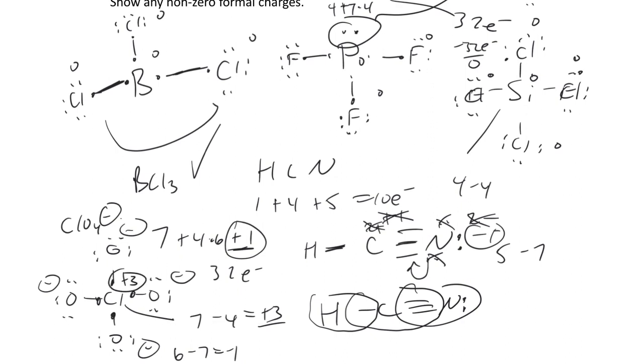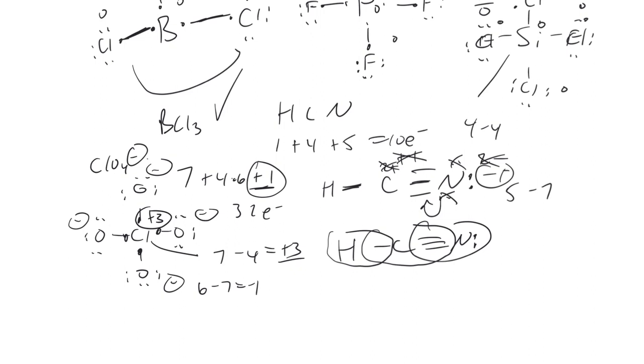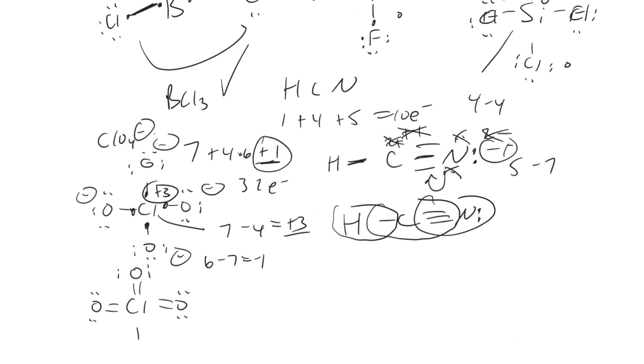Now I can do one of two things. I can either accept this as one of the possible Lewis structures because I'm satisfying the octet on chlorine. And then the only way to decrease the magnitudes of formal charge would be to make double bonds that expand the octet of chlorine, which, again, you will see these Lewis structures in the book and in some other sources.